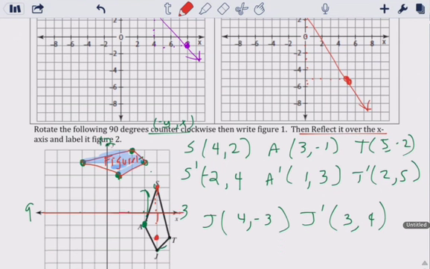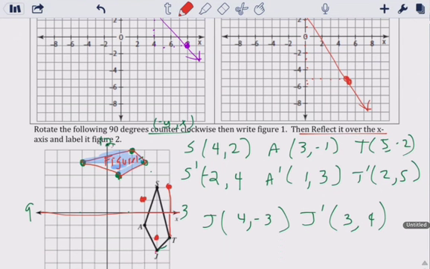Over the x, so this one goes over here. Okay, the A that's here is going to go over here because it's going to go over there. Right here. Okay. T is 2 away, so 2 away this way, right there.